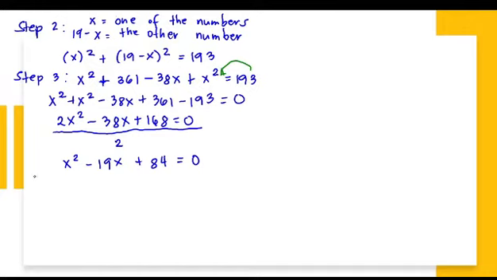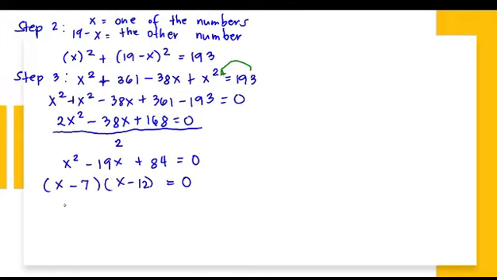So pwede na tayo ngayong gumamit ng factoring. Equal to 0. So that is x and x. Check natin. So we could use negative 7 and negative 12. Because negative 7 times negative 12 is positive 84. And negative 7 minus 12 is negative 19.